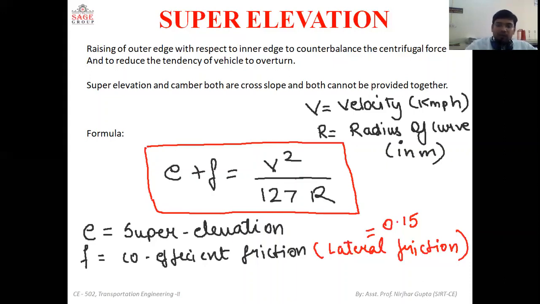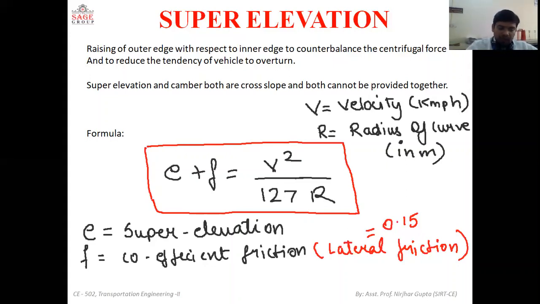E and F are dimensionless, V is in kilometers per hour, and generally in competitive exams the velocity is given in kilometers per hour, so we can directly put the velocity, and the radius is generally given in meters, so we can put the radius in meters too. So this is all about the formula of the super elevation.